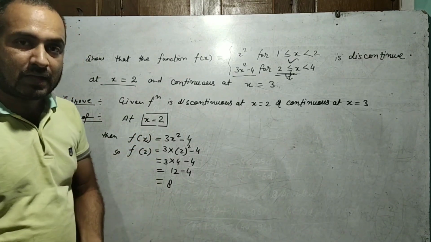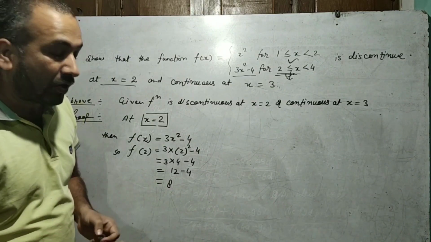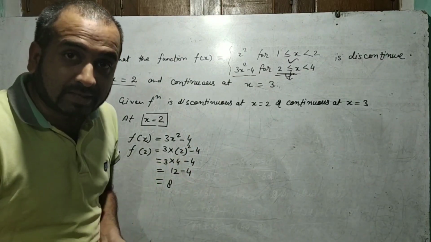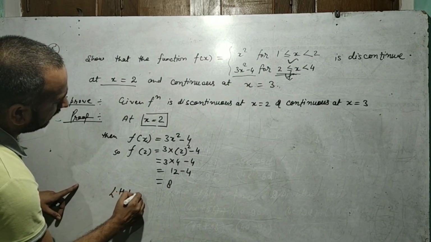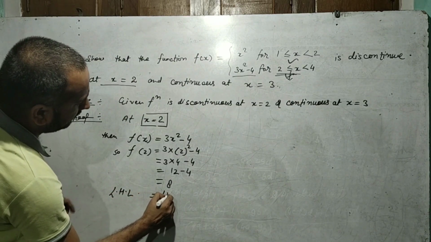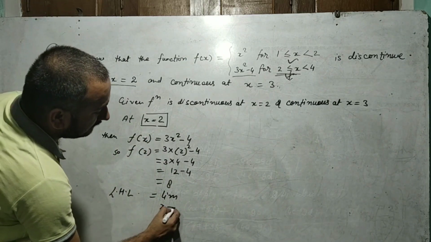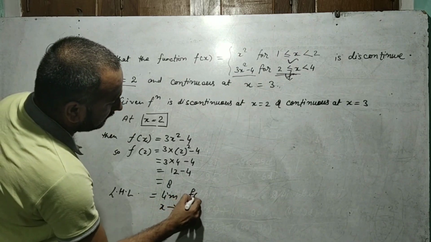So now, students, I will check whether the limit exists or not. For the limit to exist, we need to find the left hand limit and right hand limit. The left hand limit is the limit as x tends to 2 from the left of f of x.